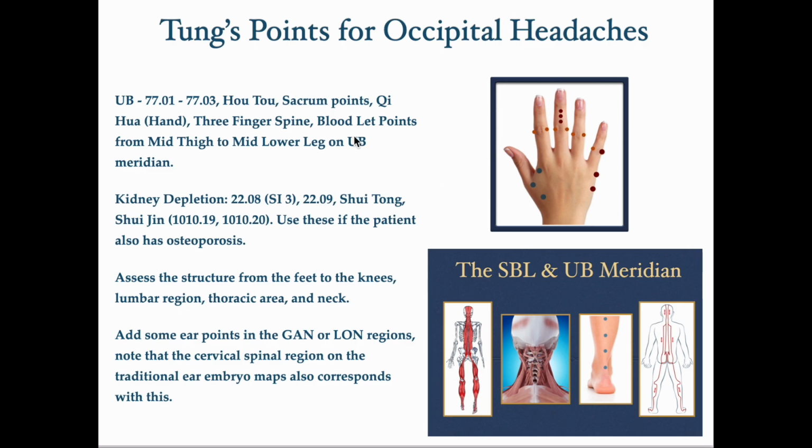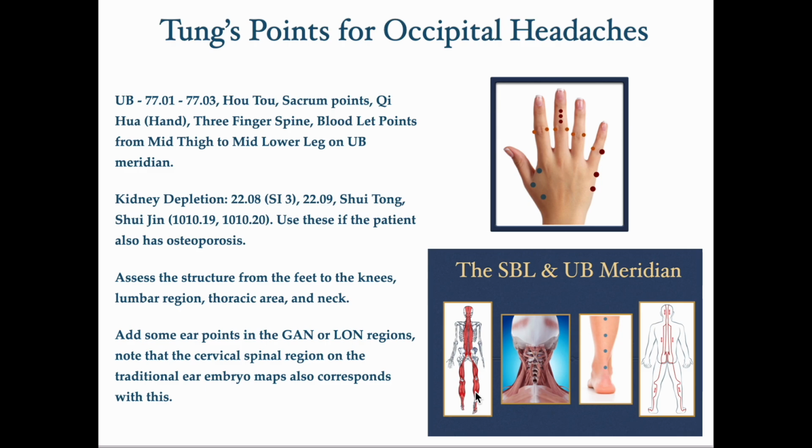And if we look ahead here, we find that another protocol for treating occipital headaches in the Tung system is to do bloodletting on points in the mid-thigh area and down to the lower leg. So in the mid area of the hamstrings down towards UB40 and down through UB57. If you observe blood stagnation signs in that area, you can do bloodletting there, and that is a method of treating occipital headaches as well.